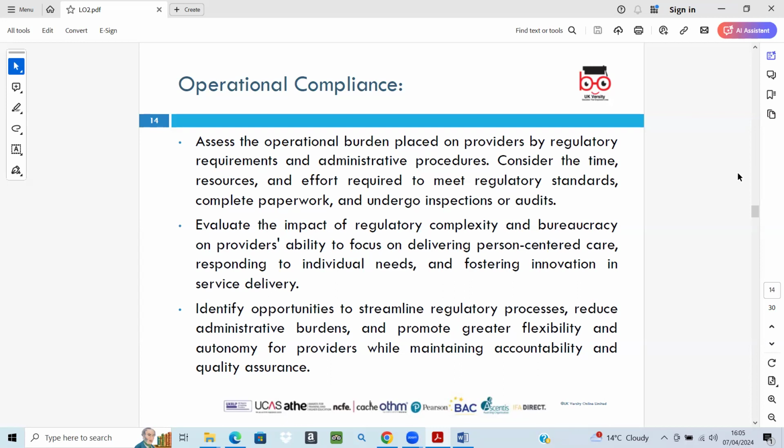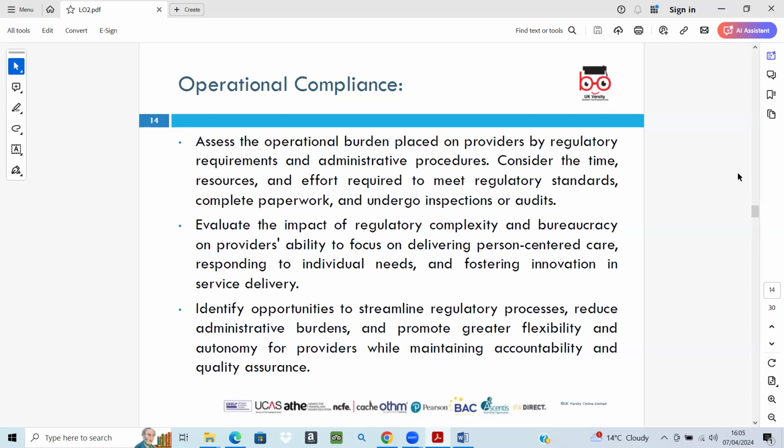The care plan, whatever we make, is on an individual basis, and it is a person-centered care plan. And we need to assess whether regulatory constraints hinder providers' ability to implement new approaches, technologies, or care models that could improve outcomes of services.